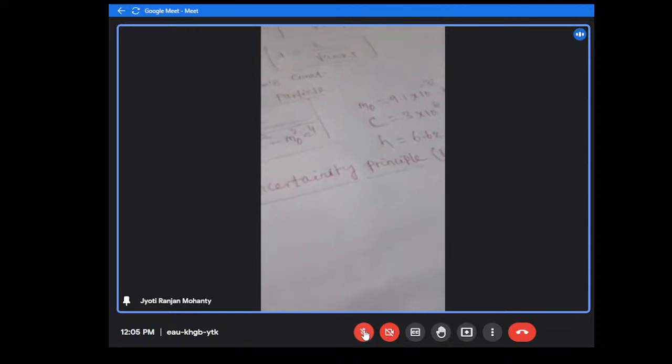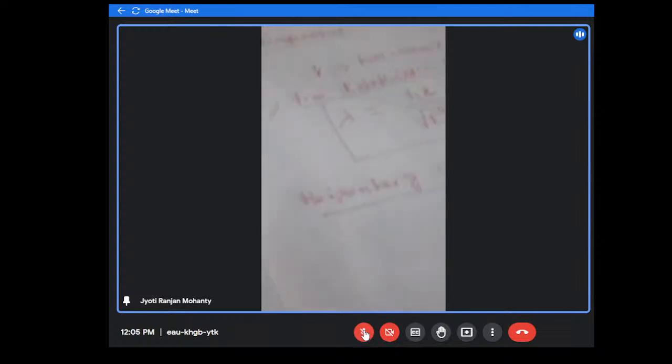Okay. Just one minute. So we are discussing quantum physics. In 1924, Louis De-Broglie came to the picture.